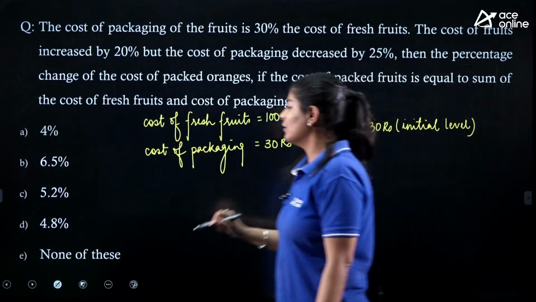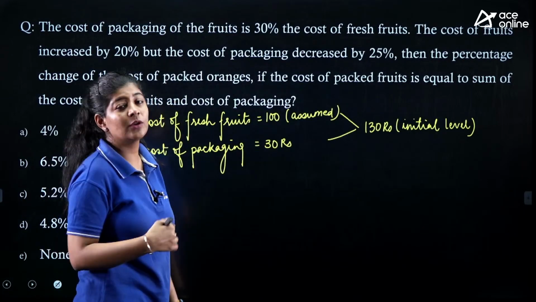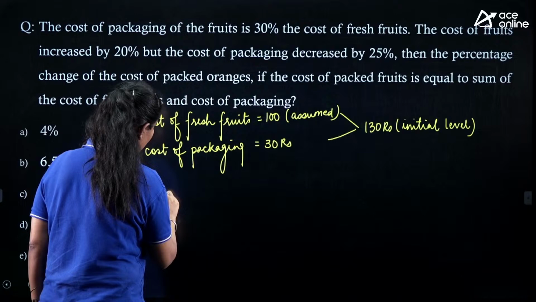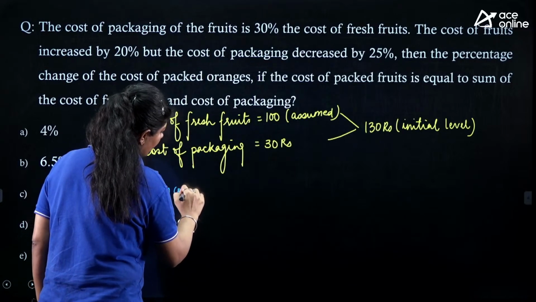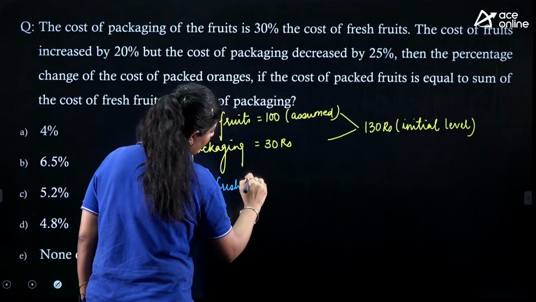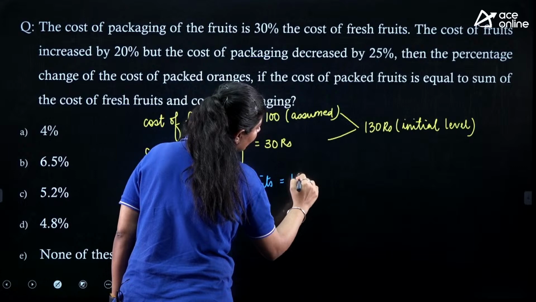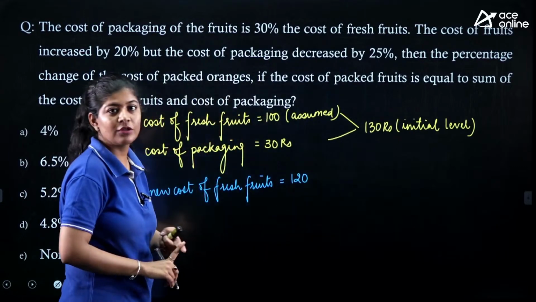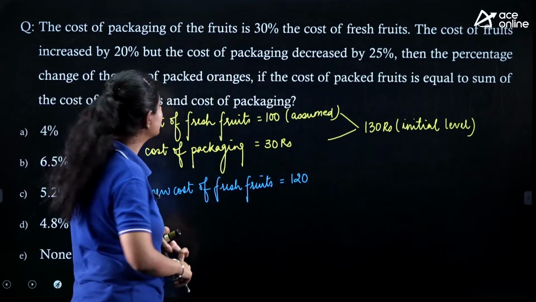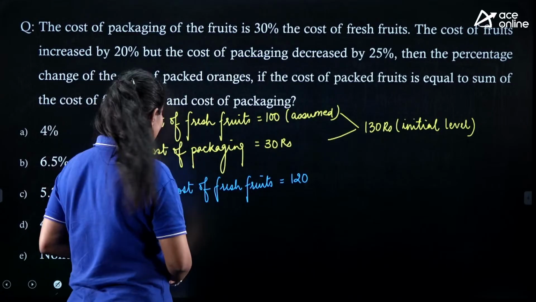Right? Now the question is saying that the cost of fresh fruits is increased by 20%. Now the new cost of fresh fruits is 120 rupees, as the cost is increased by 20%. But the cost of packaging is decreased by 25%.